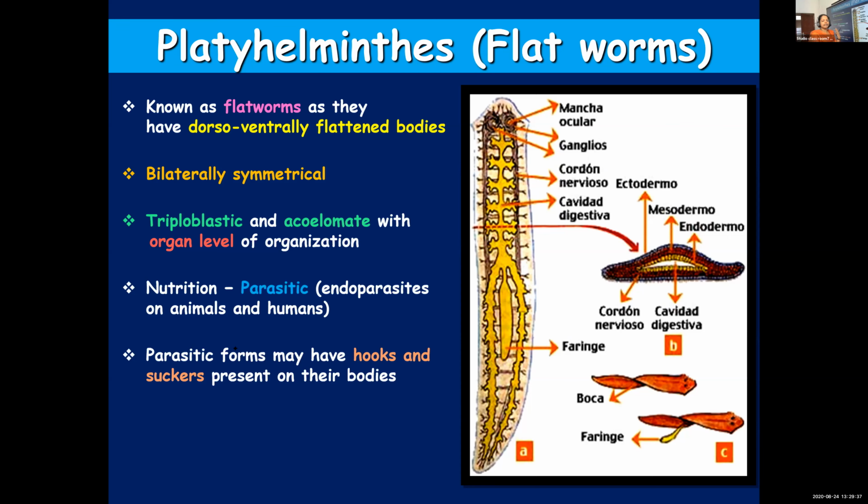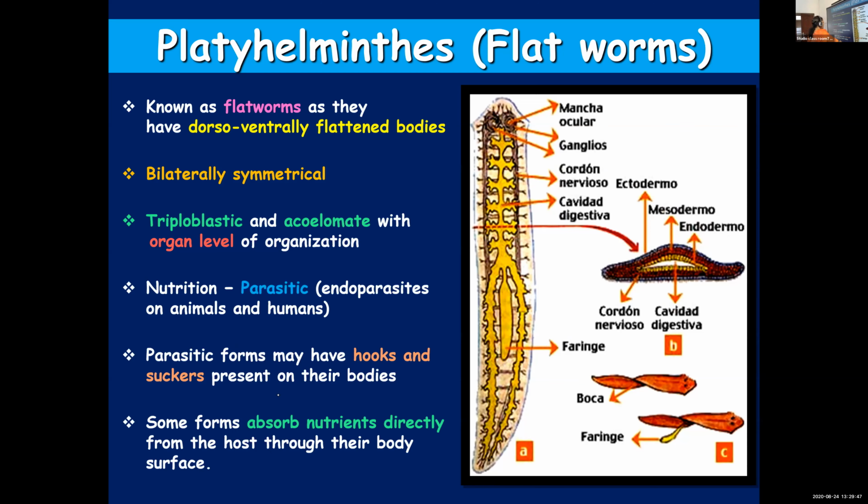As Gayatri said, for absorption of nutrients and even for attaching to the body of the host, they need hooks and suckers. Some of them absorb the nutrients directly from the host through their body surface. So some of the parasites might live on the outside of the host body and take nourishment through the body surface.